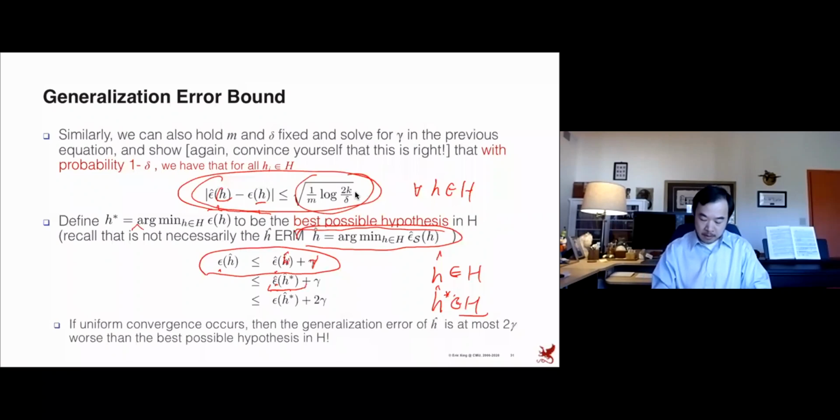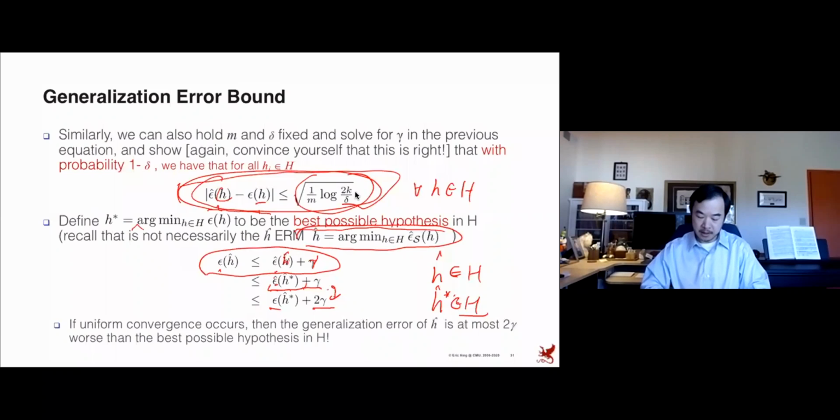Then from here to here, we use this bound again, okay? So that you can bound the empirical risk estimator with the true risk of the same hypothesis plus a gamma. Therefore, now we have two gammas in here.